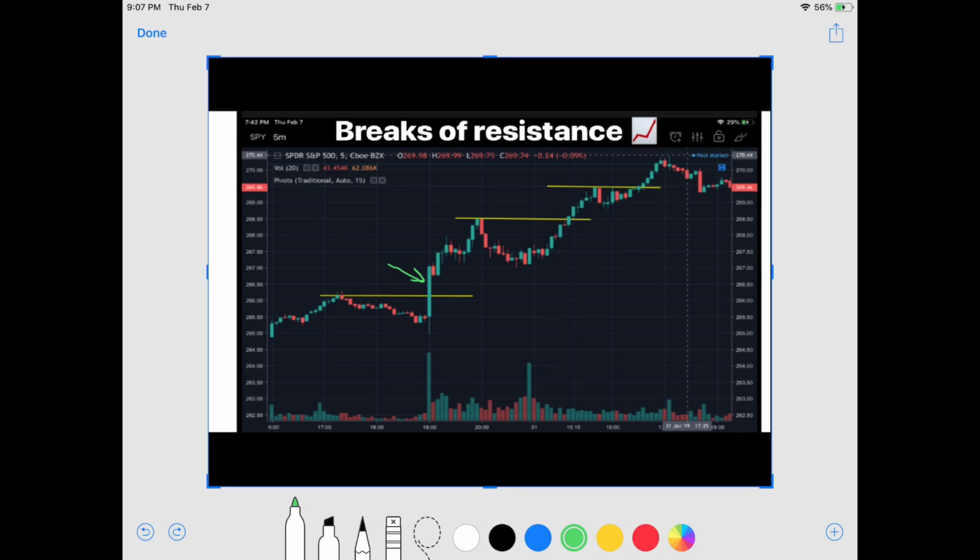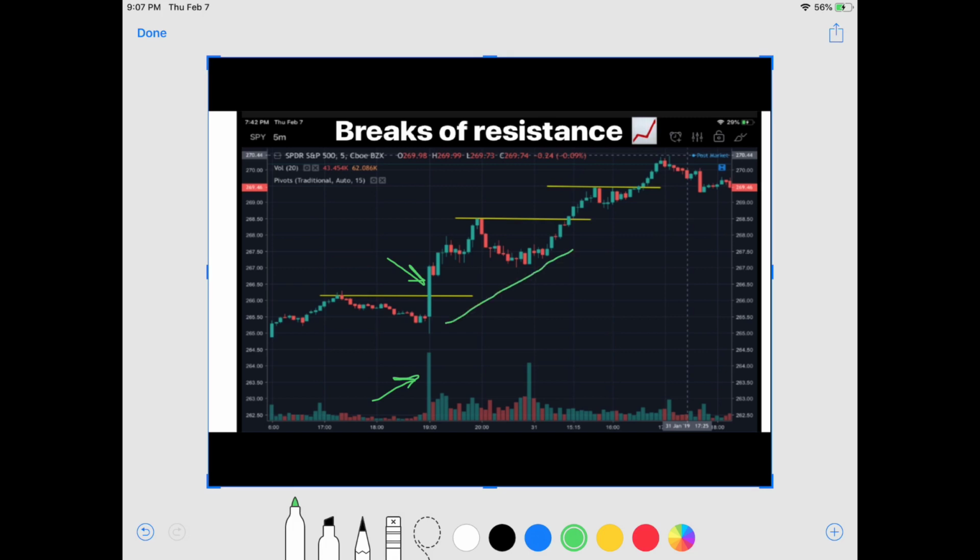So, bam, you see a level of resistance right here. And then you see a breakout. And then you see another level of resistance right here. And then you see a breakout. And notice that during this breakout, with this rising volume to match, it signified the strength of the uptrend.